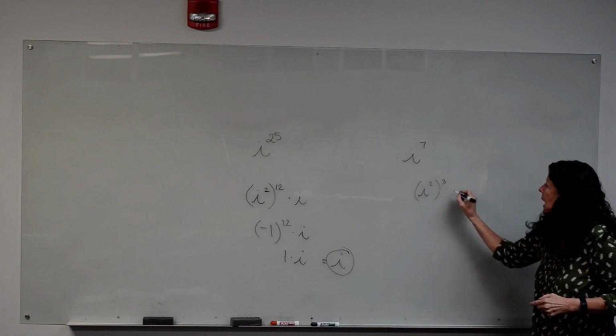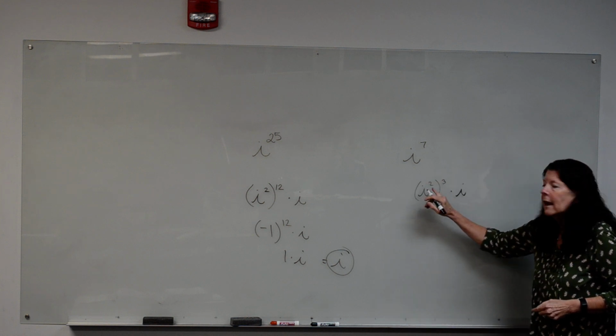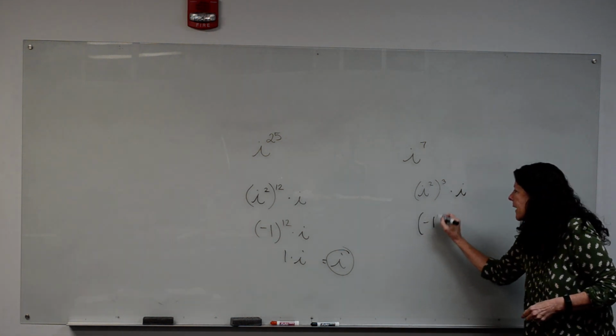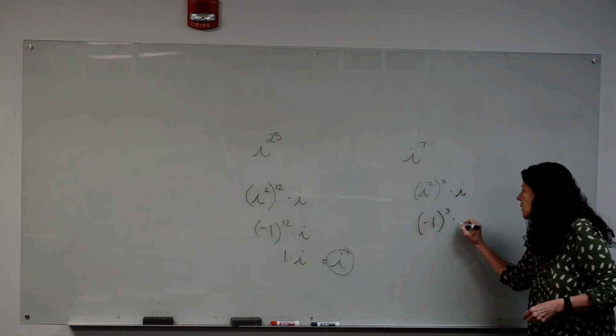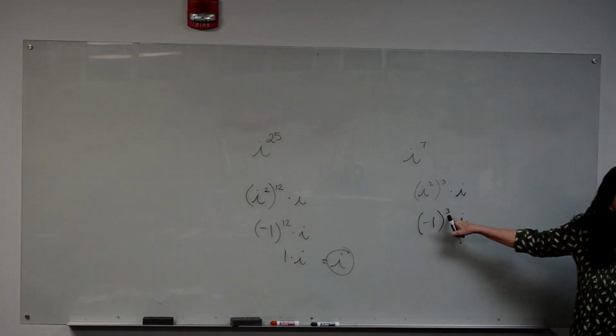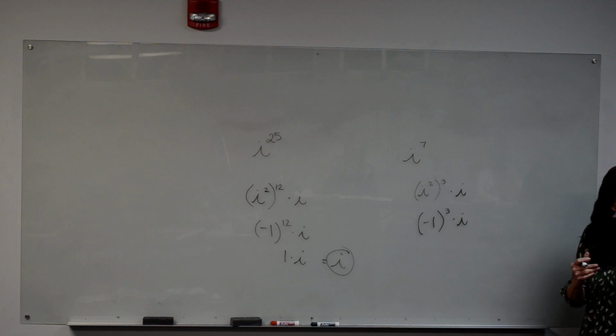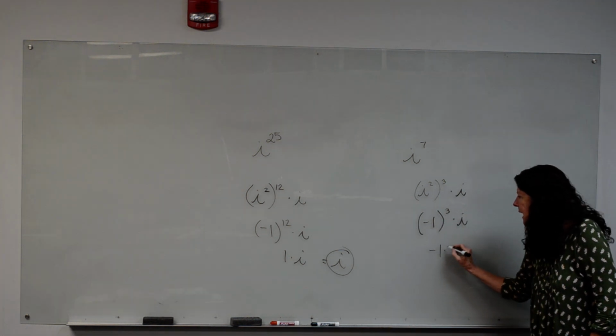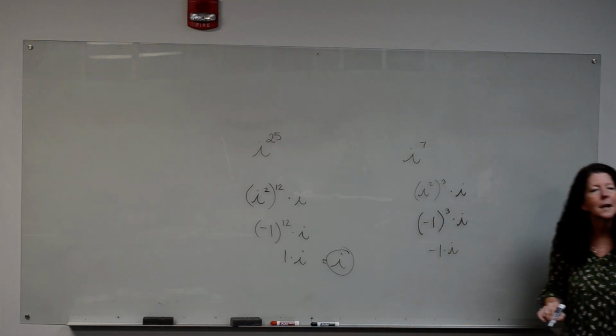Now, what is i squared equal to? Negative 1. This time, however, it's raised to an odd power. What happens when I have a negative raised to an odd power? It keeps the negative. So this is equal to negative 1. What is negative 1 times i equal to?